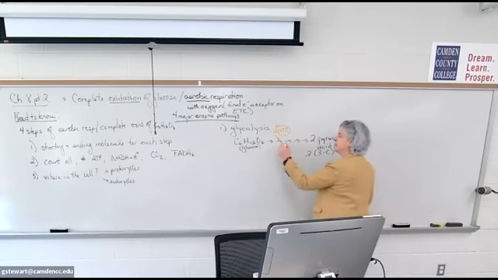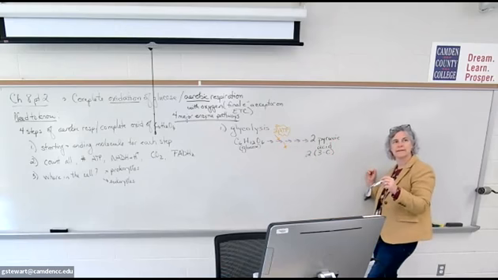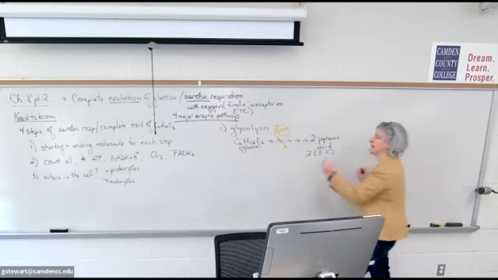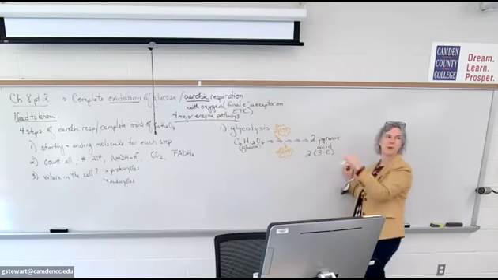How many ATP do I produce overall from glycolysis? How many come out of this reaction? 4. Yep. We produce 4. Right? But we subtract the 2 that we put in.